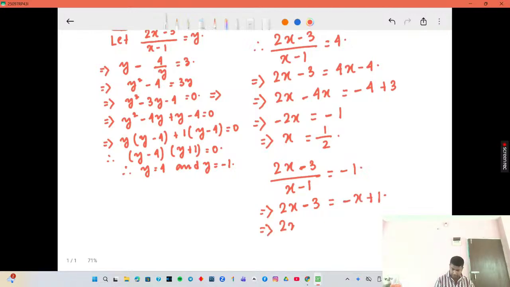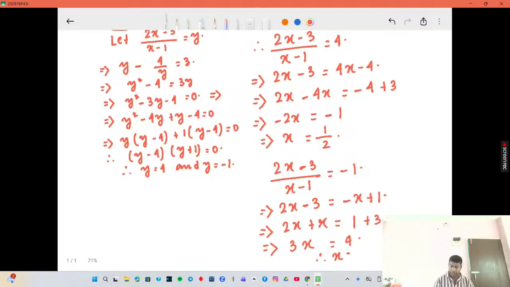So 2x plus x, that is 3x, is equal to 1 plus 3, which is 4.